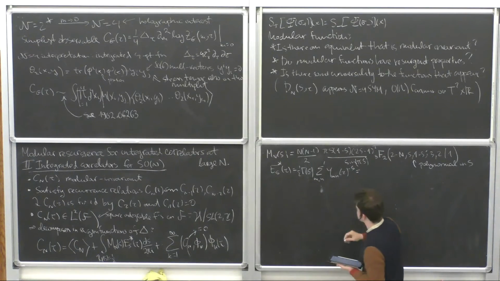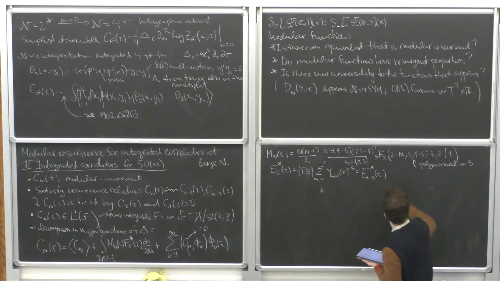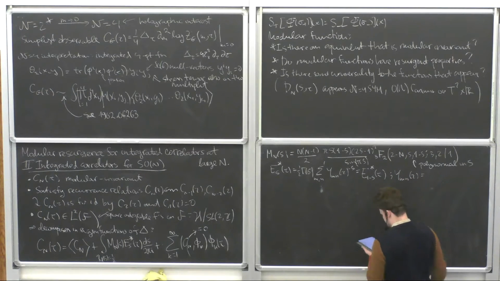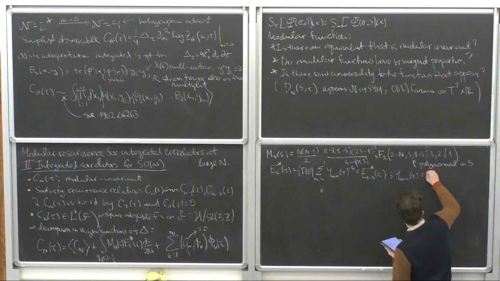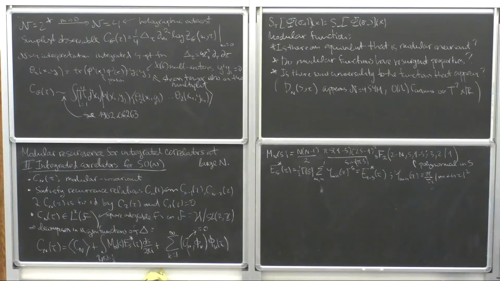And this has an analytic continuation, where this is the same as E_{1-s} star of tau, where additionally these y_mn of tau are defined to be pi divided by tau_2 times |m plus n tau| squared.